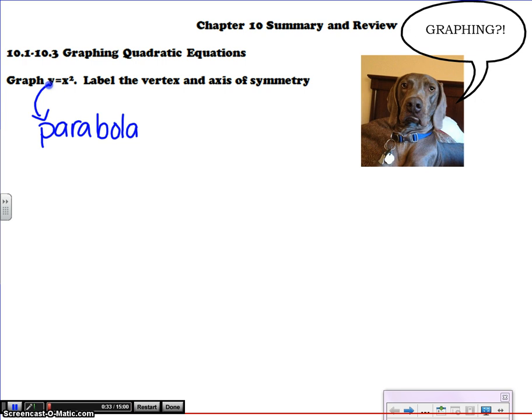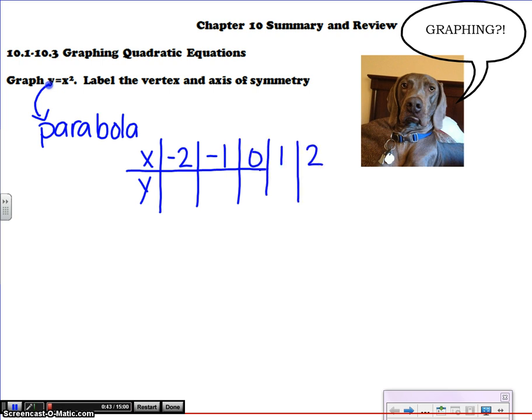squared. Okay, so if we were to make an XY chart, remember we pick our values for x and then we just plug them in for y if you don't remember this. And then we just plug them in. So negative 2 squared would be 4, negative 1 squared is 1, 0 squared is 0, 1 squared is 1, and 2 squared is 4.